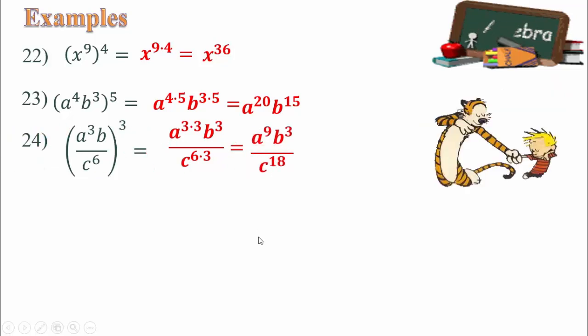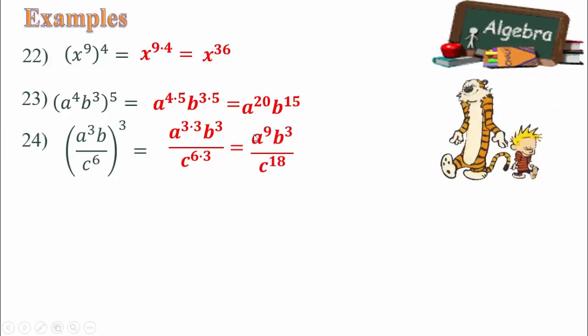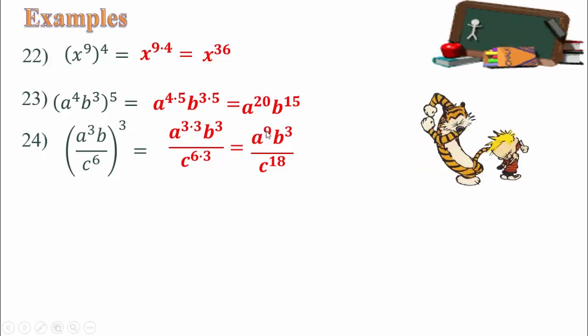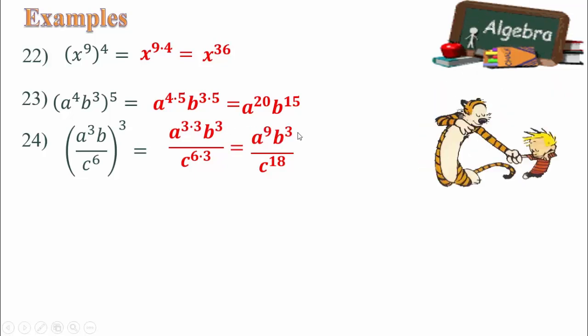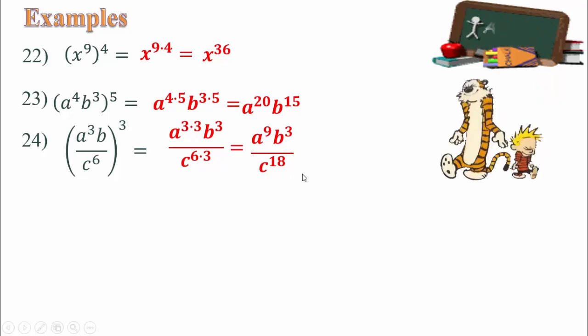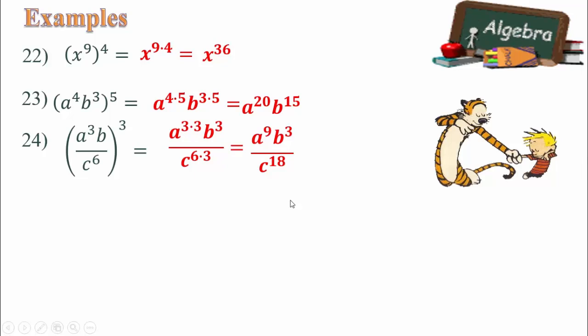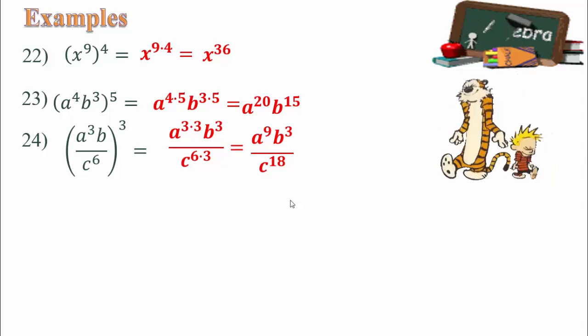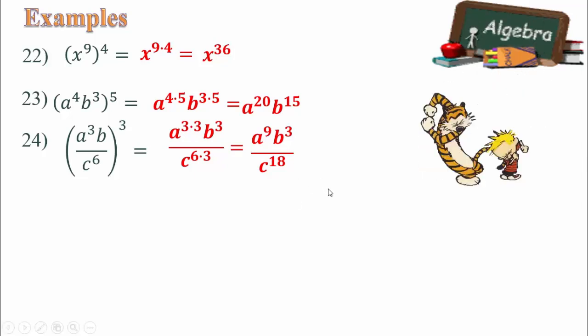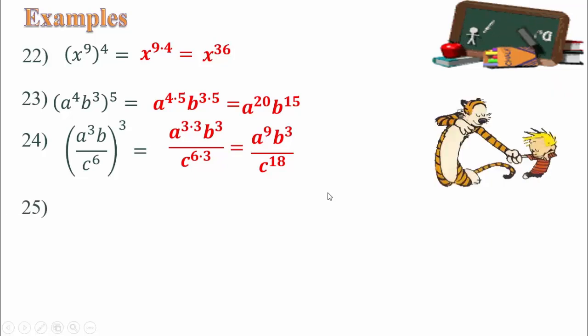And then I did what I usually do. Here I have 3 times 3 is 9, 1 times 3 is 3, 6 times 3 is 18, and there's nothing else I can do, so I'm finished simplifying that particular example.